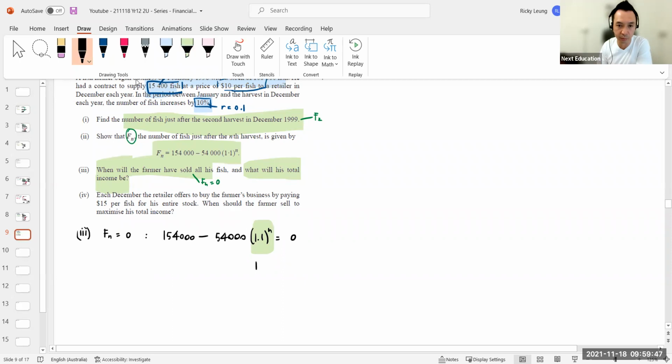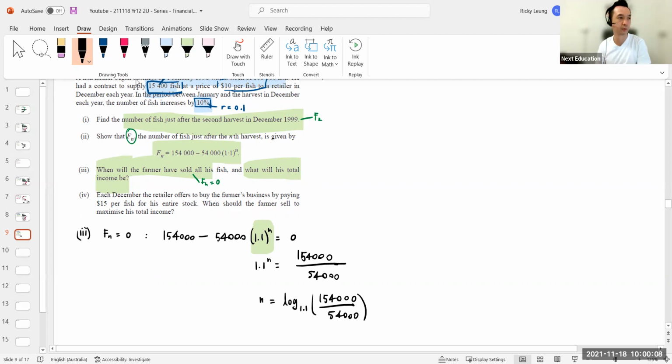So 1.1 to the n equals, so this guy's on top. This time they're both positive, which is great. Therefore, n is log of this. Change your base for that log, and you should get, is it like 11 years? Yeah. So in the 11th year, he will sell all his fish.